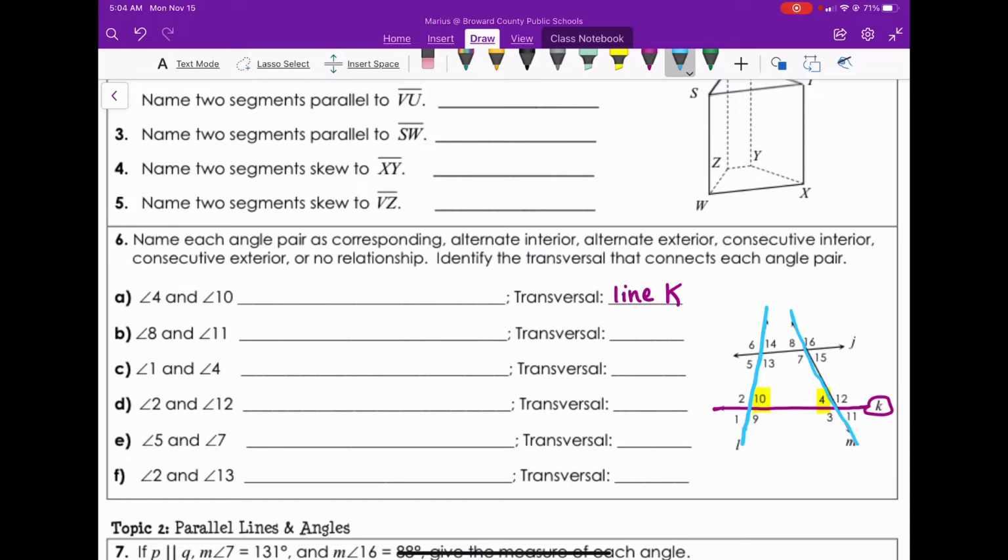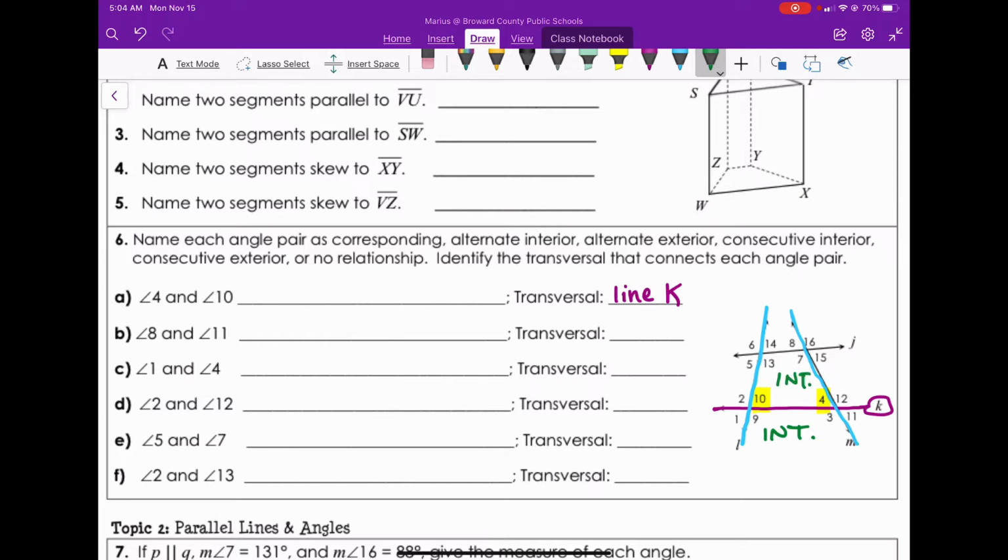Okay, so first off, we know that angle 4 and angle 10 are between the two lines, between the two blue lines, so that would make them interior, right? All of this is interior.